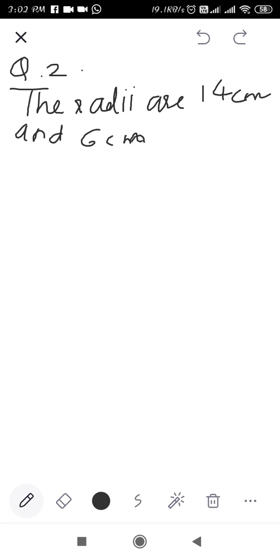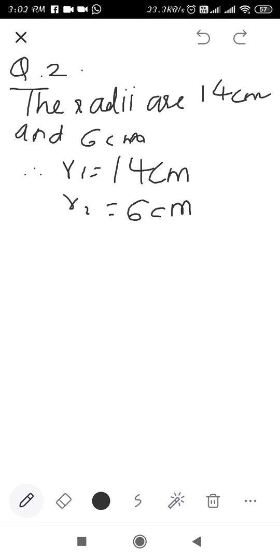So, therefore, r1 is equal to 14. r2 is equal to 6. And h, height, right? Height is also 6 centimeter. Now we have to find the three different things.